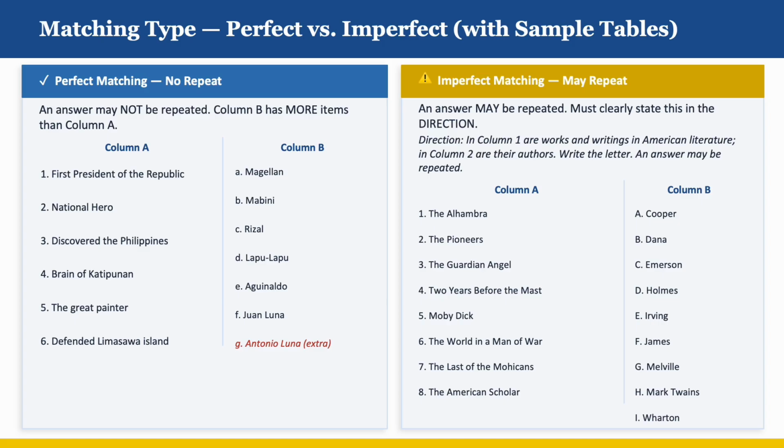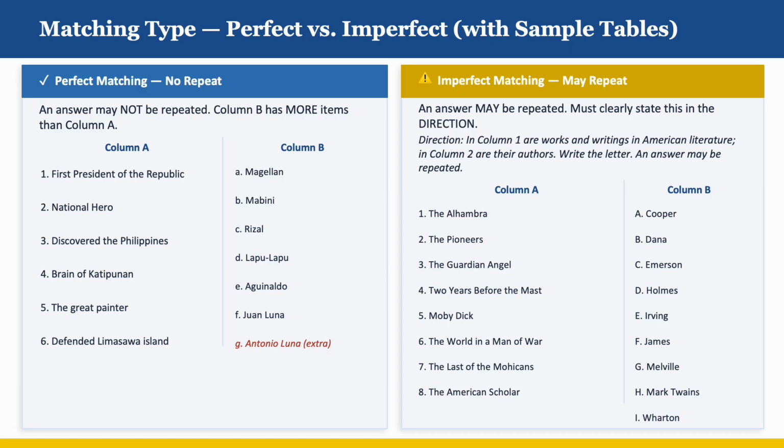Those are there specifically to prevent guessing by elimination. On the right, the imperfect matching example involves American literature, and because some answers may repeat, students must actually know the content rather than relying on the process of elimination.